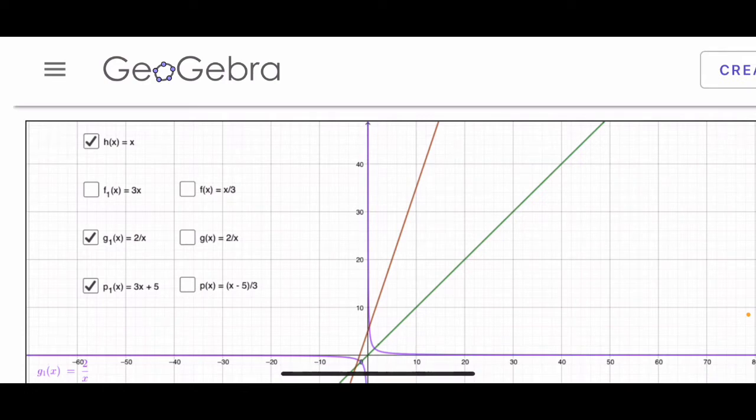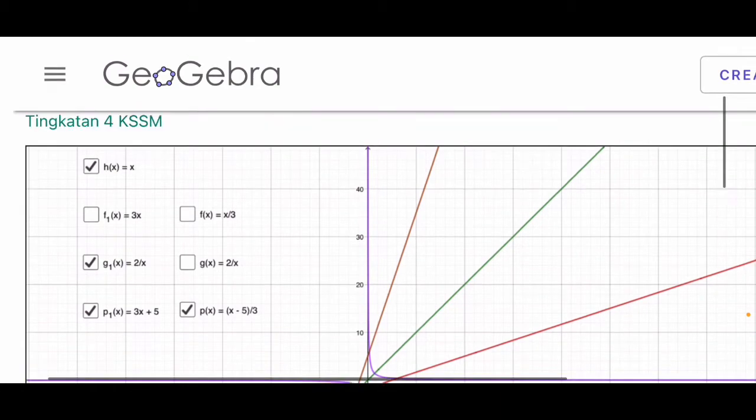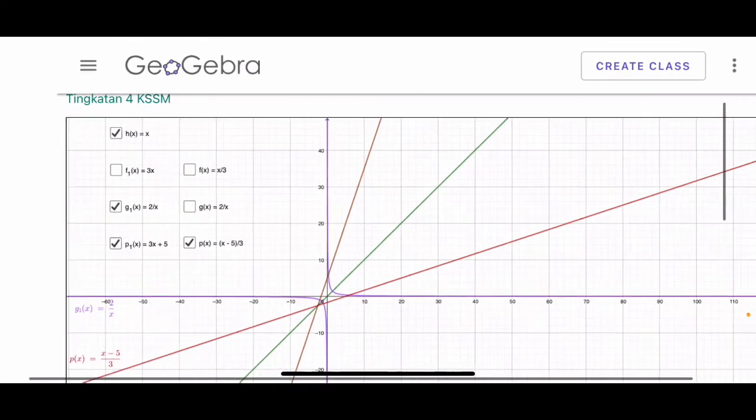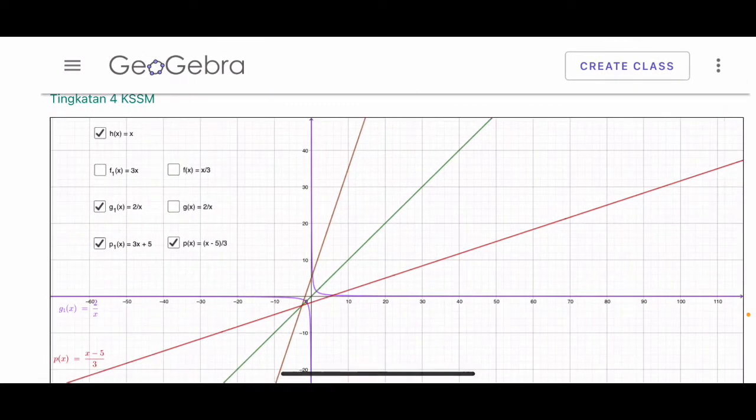This is p1(x) equal to 3x plus 5 in red color. Then the inverse is p(x) equal to (x minus 5) over 3. As you can see, all the graphs are symmetrical about the line h(x) equal to x.